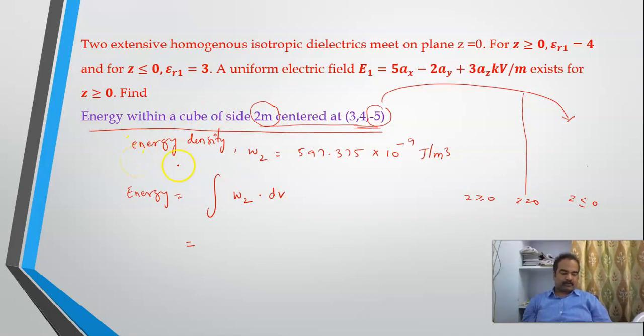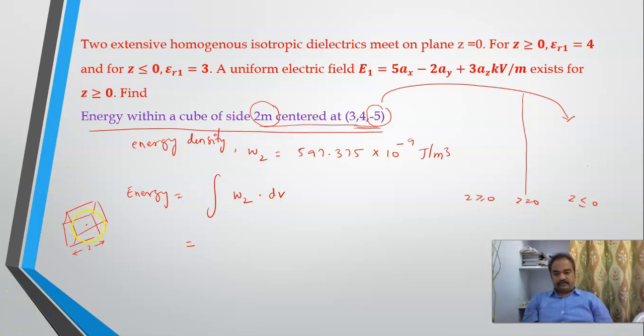So how to solve this particular problem? It is a cube, and the point is somewhere here, and these are the points 3, 4, minus 5. This is the center 3, 4, minus 5, and this length is 2 meters. We have energy equal to the integral of energy density over the entire volume.